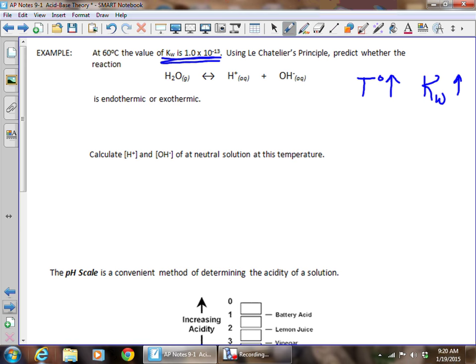So that means if Kw went up, it shifted to the right because we produced more products, correct? If it shifts to the right when temperature goes up, then the heat term must have been over here. Remember Le Chatelier's principle. If we increase heat, it shifted to the right and made Kw get larger. What does that mean? Well, if the heat term's on the left, this must be an endothermic reaction.